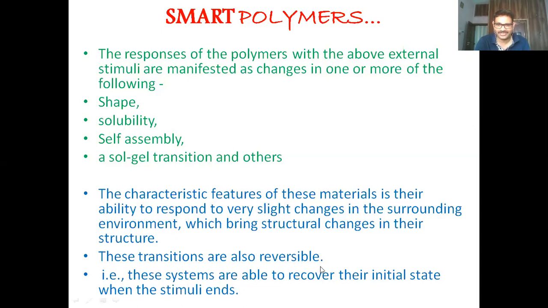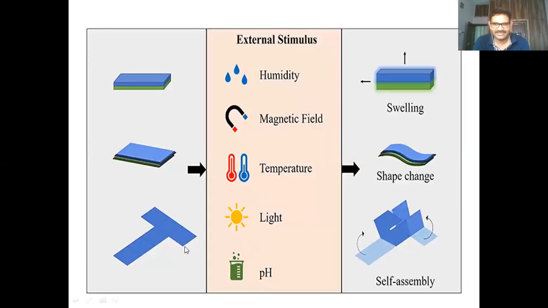These systems are able to recover their initial state when the stimuli end. So these are the external stimuli, and these are the changes that we normally see: they may undergo swelling, shape change, color change, or self-assembly. These are the changes that we normally see in these particular materials.